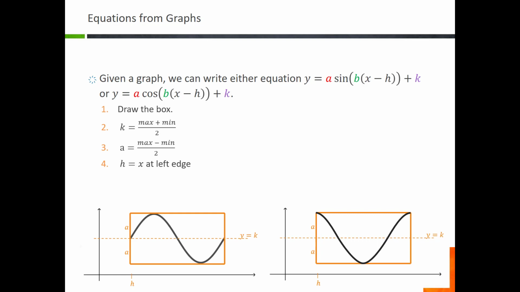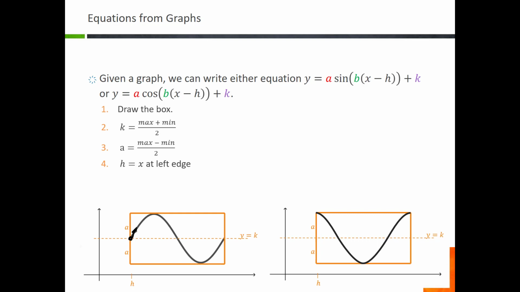The easiest place to find h, the left edge of the box, for sine is where the function is on the middle line and it's increasing. If it was going down, then you have a reflected graph. So find where your sine graph crosses the middle line and is increasing. If it was decreasing, then that would be a negative reflection, which is totally fine. It's just going to change the way your equation looks a little bit.